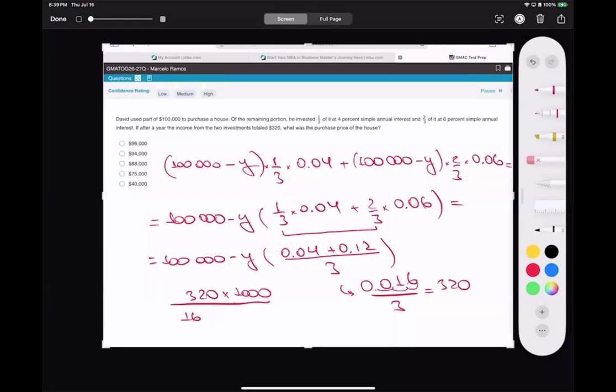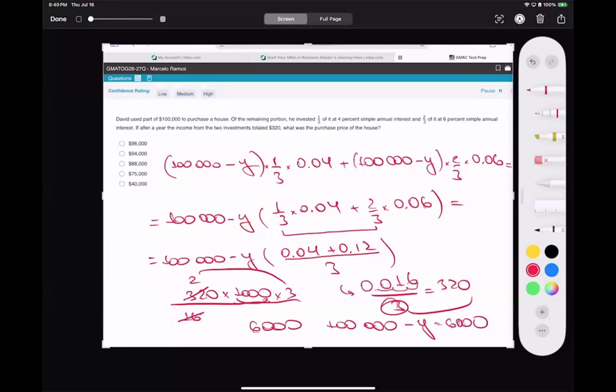Times 3. 32 divided by 16 is 2. 2 times 3 is how much? 6. 6,000. So 100,000 minus y is equal to 6,000. So y is 94,000.